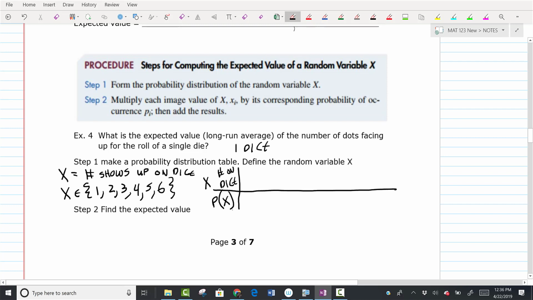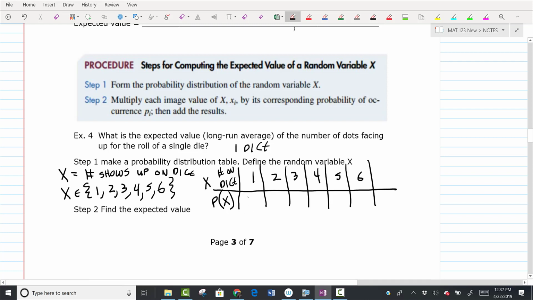So the possible outcomes are you get a 1, a 2, a 3, a 4, a 5, or a 6. Always list out the possibilities, like on the previous problem, where I listed out the possibilities for the number of kings.